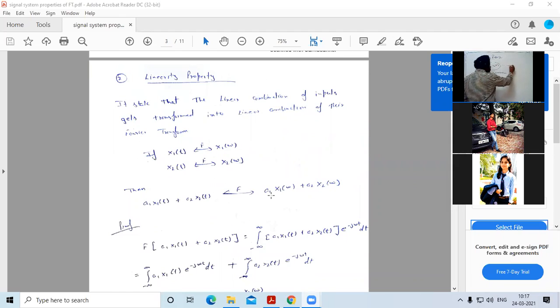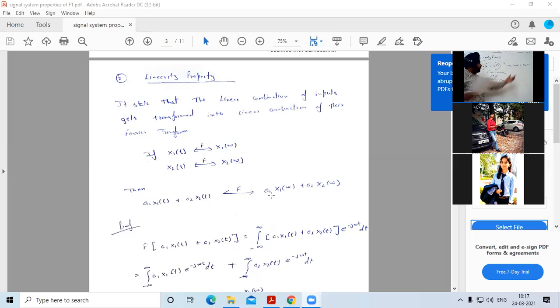We have a signal x1(t) plus x2(t) in the time domain. What will happen in the frequency domain? We find its Fourier transform. The Fourier transform will also be a linear combination, equal to X1 of omega plus X2 of omega.